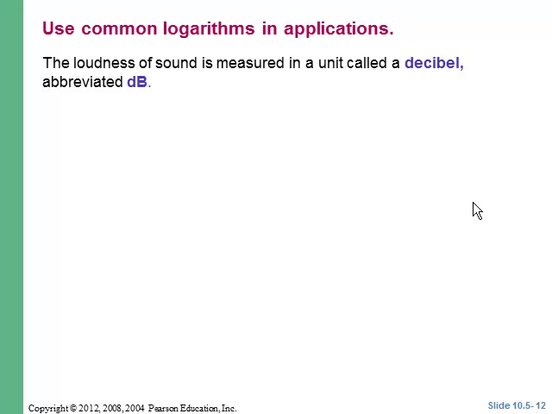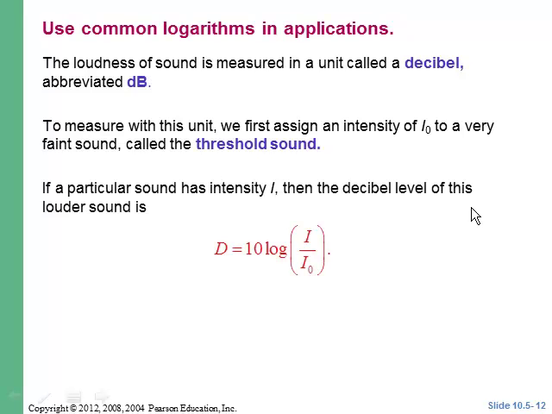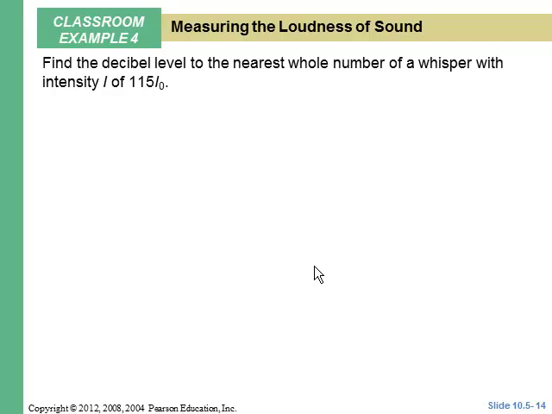We also use logarithms in decibels. To measure this unit, we first assign the intensity to a very faint sound called the threshold sound, and then the number of decibels is 10 times, and that's because it's decibels, 10 times the log of the intensity divided by the intensity at that lower level. Here you see the chart that has the different decibels.